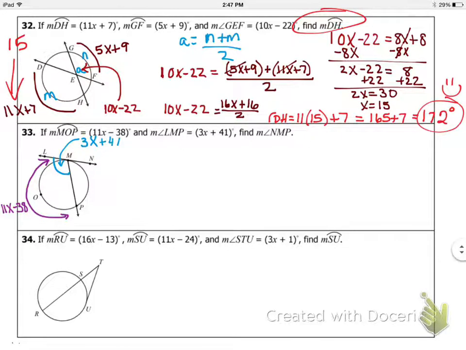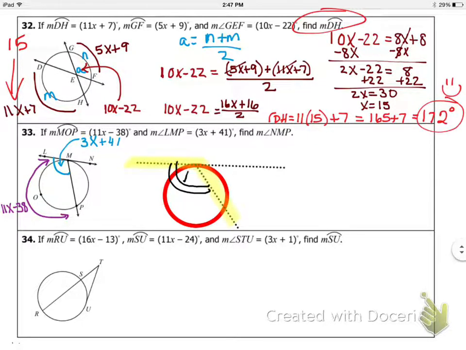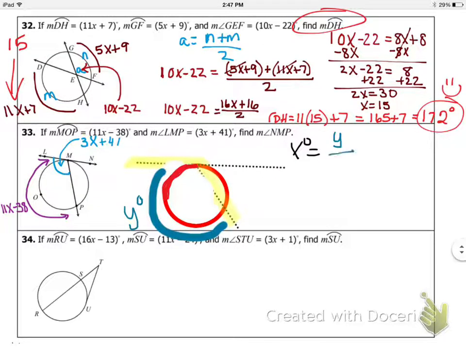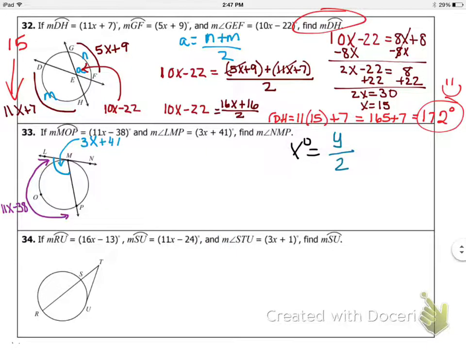Okay, so the relationship of these two things: let's say we have a circle and a tangent line, and then we have a secant coming off of that. The angle here, let's say it's x, is going to be equal to half of this arc.